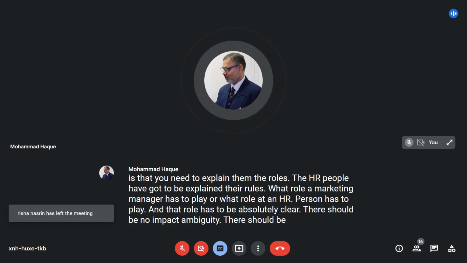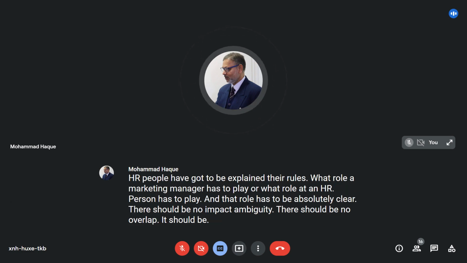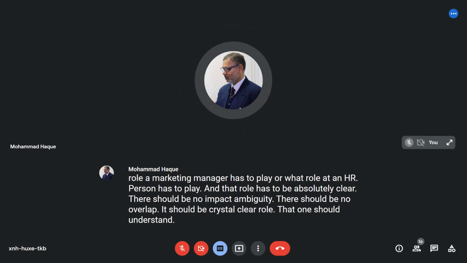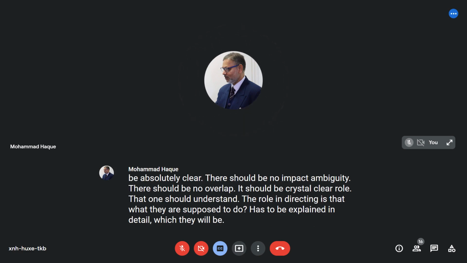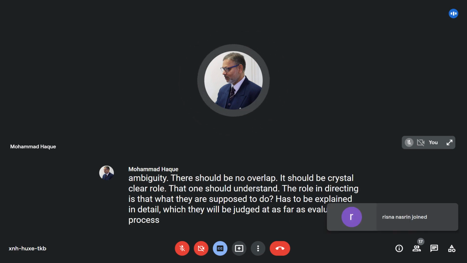There should be no overlap. It should be a crystal clear role that one should understand. And in directing, what they are supposed to do has to be explained in detail, on which they will be judged as far as the evaluation process is concerned at a later date.